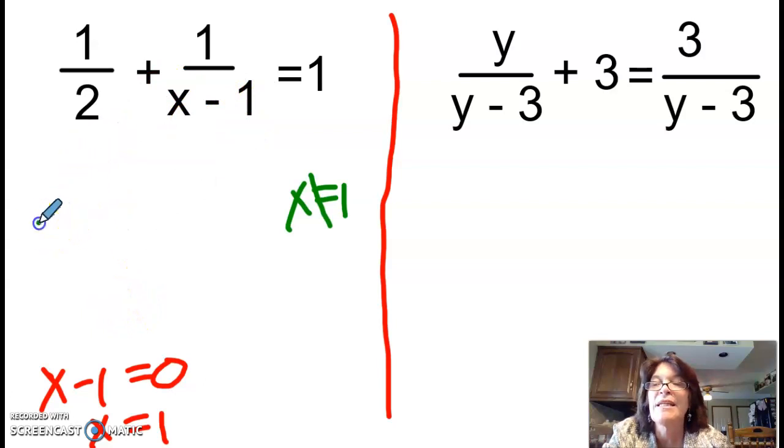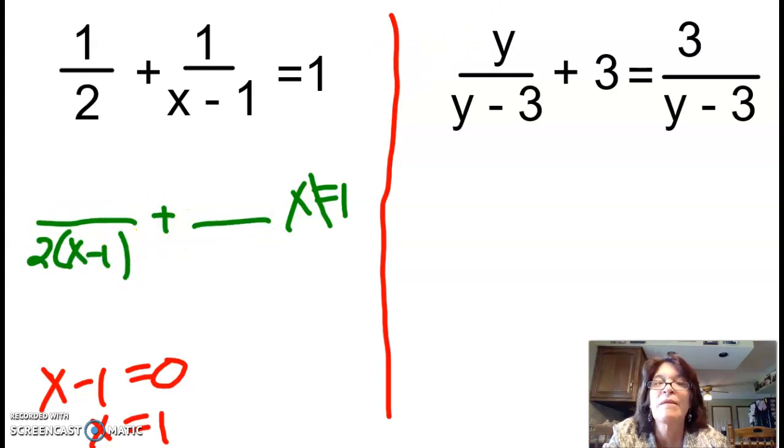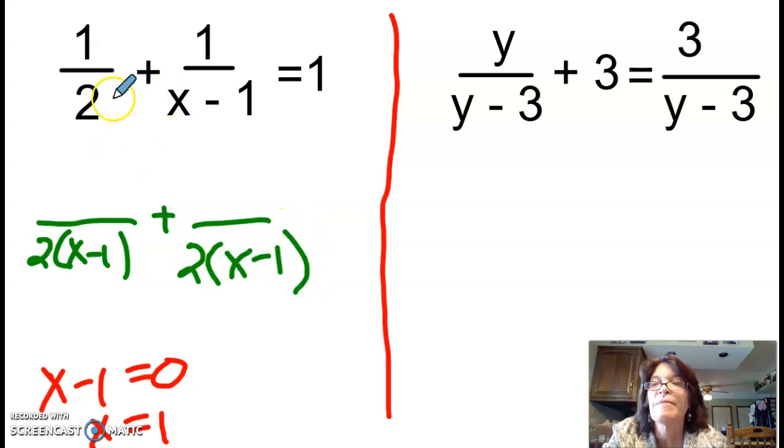So I would like each denominator to be 2 times x minus 1. I would like both denominators to be that. So I look here, this has a 2 already, but it doesn't have an x minus 1.